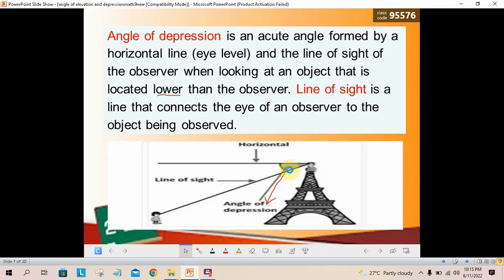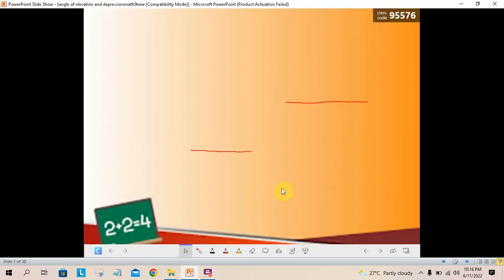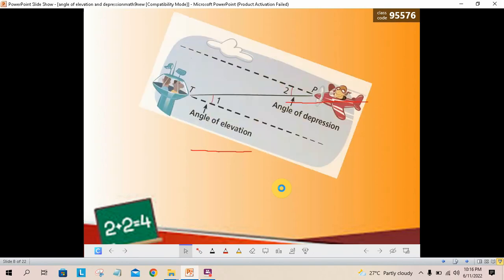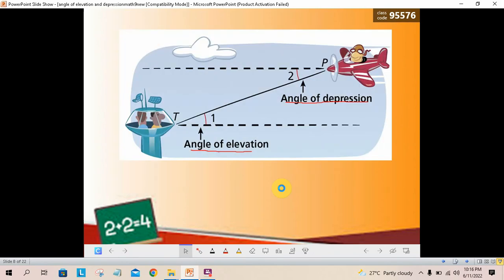And the angle formed here from the horizontal line and the line of sight is called the angle of depression.